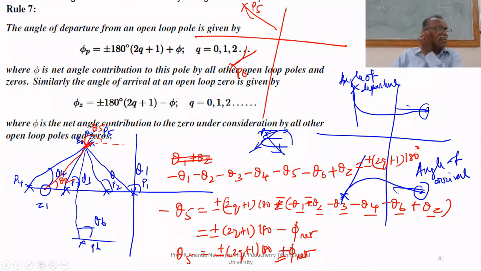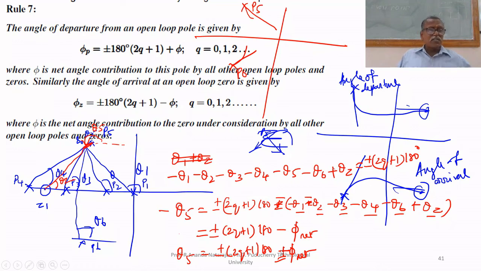What is phi net? Phi net is the net angle made by the lines joining the pole or zero under question to all other poles and zeros. Do you understand that? What is theta phi?